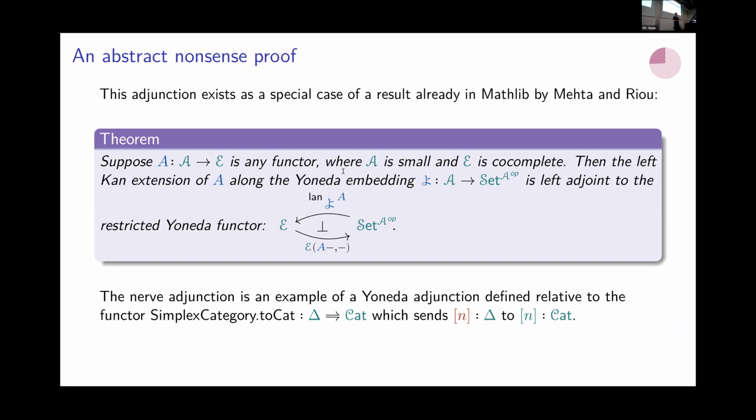So there's an abstract reason for this adjunction to exist. This is a special case of a result that's already in Mathlib.